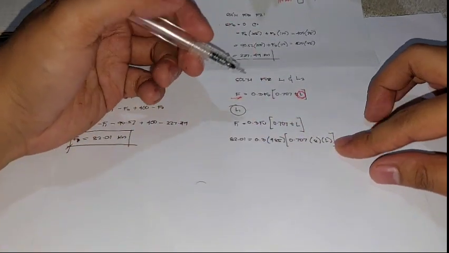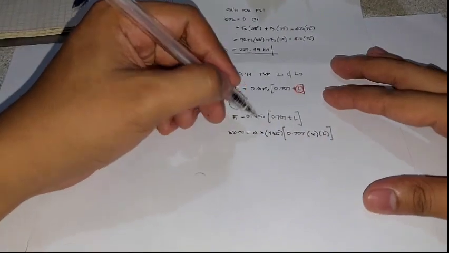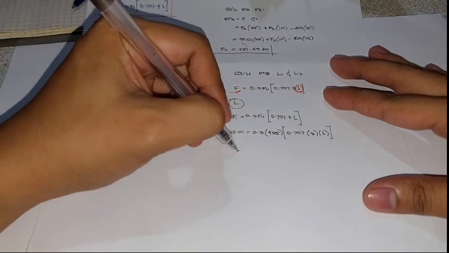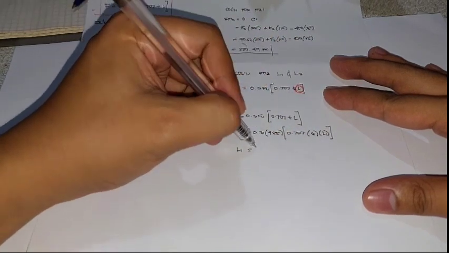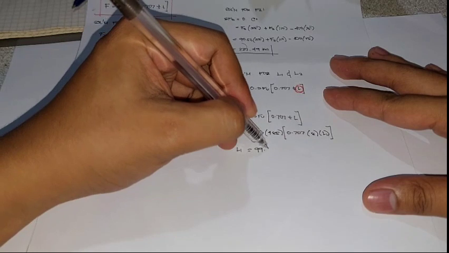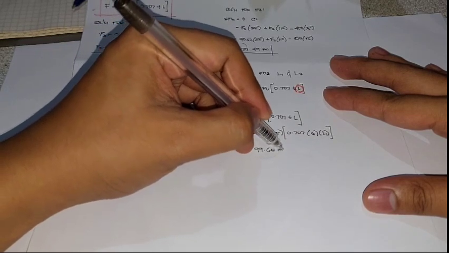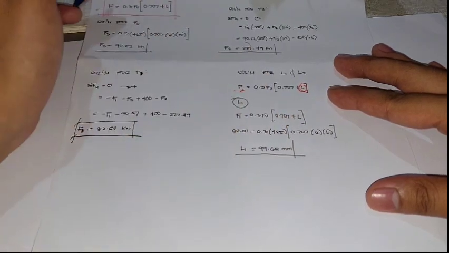There is only one unknown, so shift solve. L1 is 99.65 mm. So that is the value of L1.